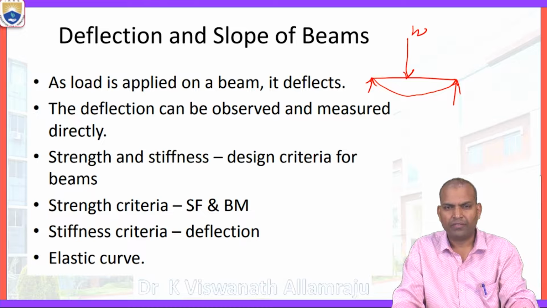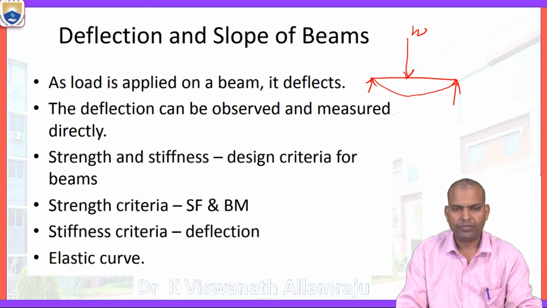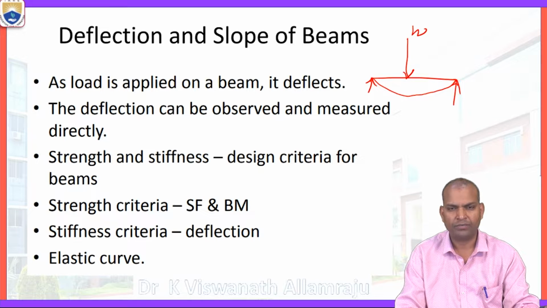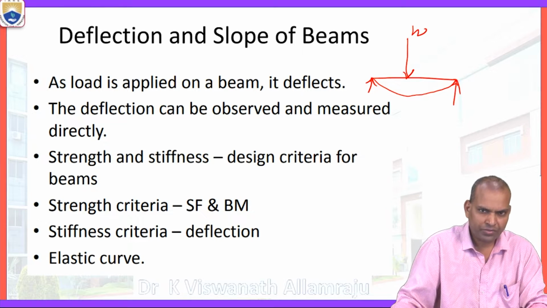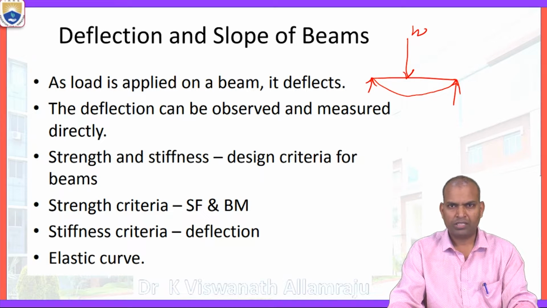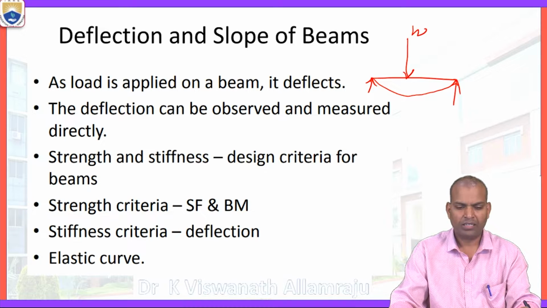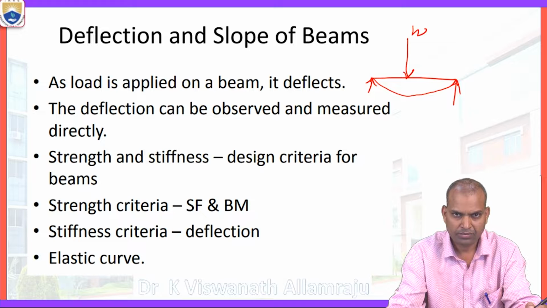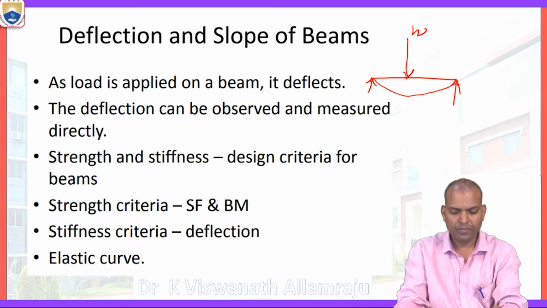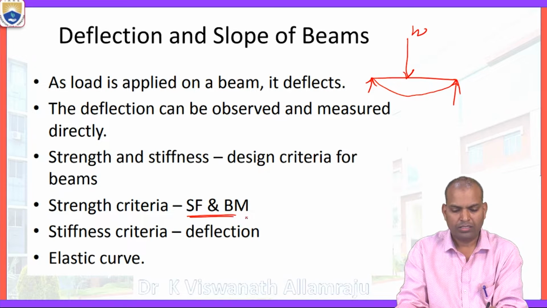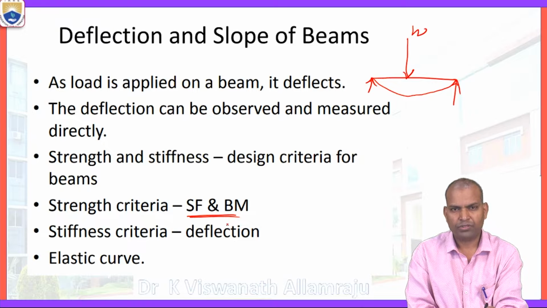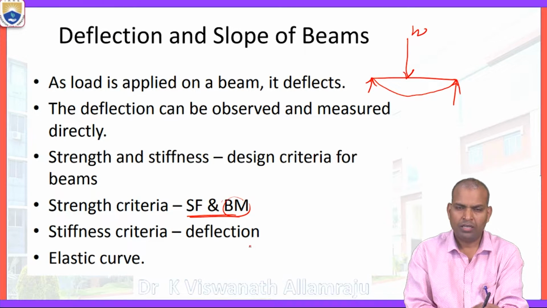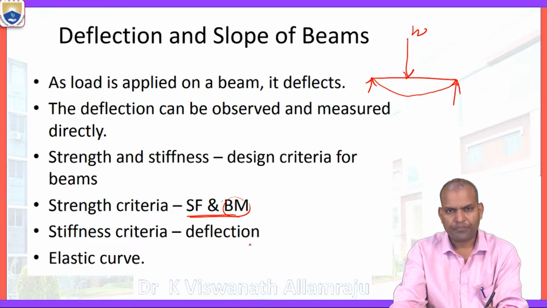Now here, whenever we are going to design any beam or structure, we need to consider two parameters: the strength and stiffness are required. The strength criteria can be done by doing the shear force and bending moment calculations. That means the variation of the shear force across the section of the beam, and also the variation of the bending moment across the section of the beam.